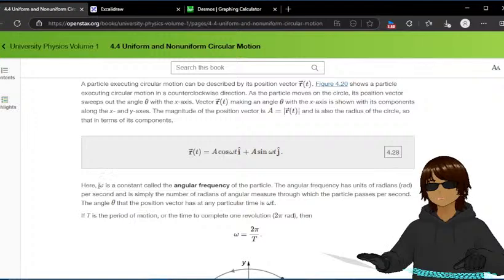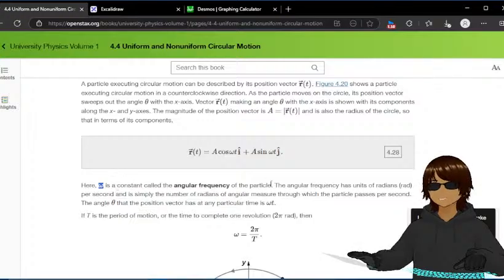Here, this is omega, right? It is a constant called the angular frequency of the particle. The angular frequency has units of radians per second, and is simply the number of radians of angular measure through which the particle passes per second. The angle theta that the position vector has at any particular time is omega t.